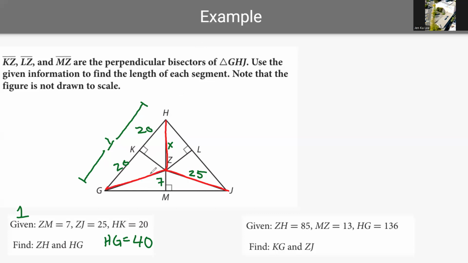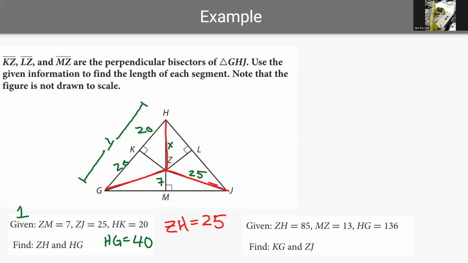Okay, they're all congruent to each other, right? Based off of that theorem that we just went over. So if ZJ is 25, ZH is also going to equal 25. Simple? Yeah. Simple, simple, simple. If you guys in these two sections think it's congruent, most likely it is. Okay.